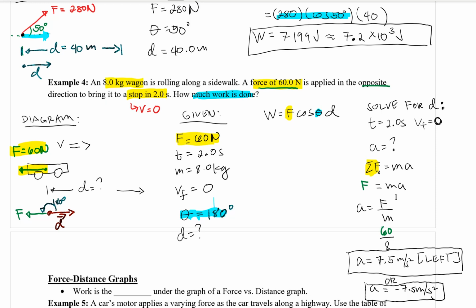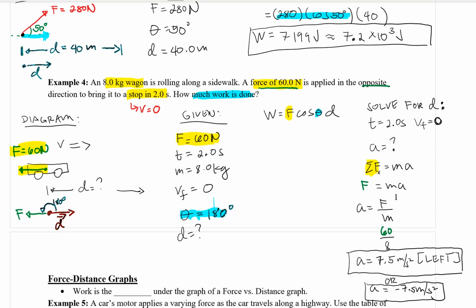Now we can revisit our kinematics equations. In order for us to solve for the displacement d, which of the kinematic equations do you think you can use?